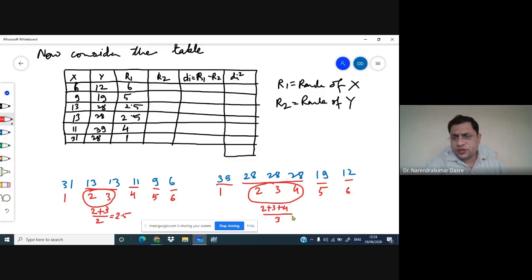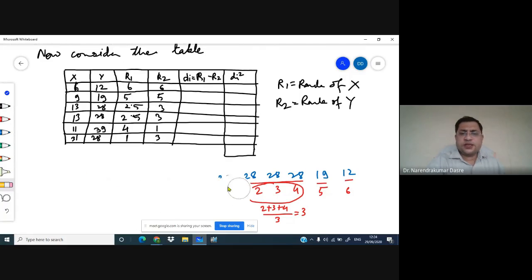This is going to be 1, then 3, 3 and 3, and next 5 and 6. So this is how we have to give the ranks. Once we are ready with the ranks, then we have to calculate the difference.